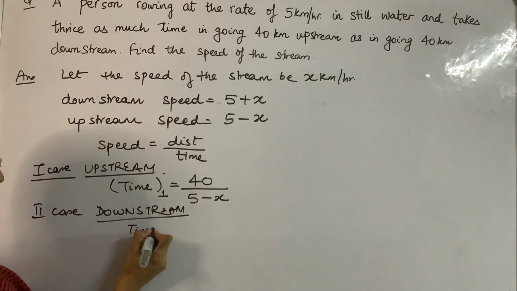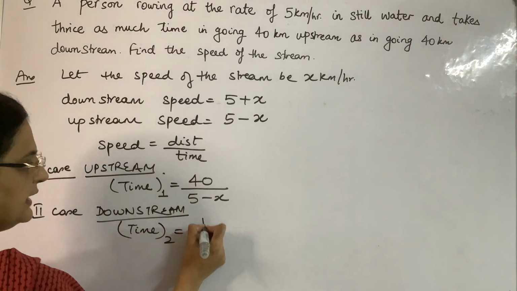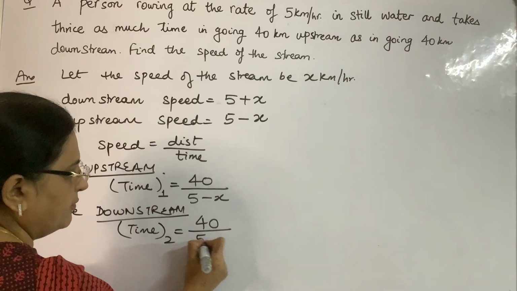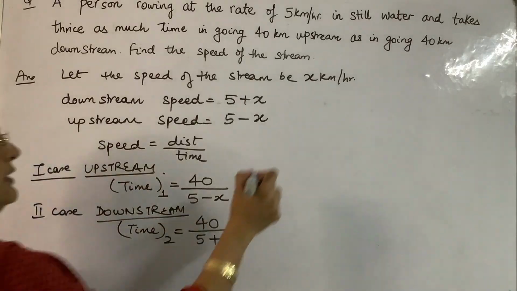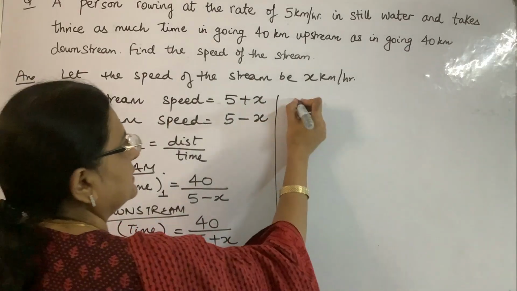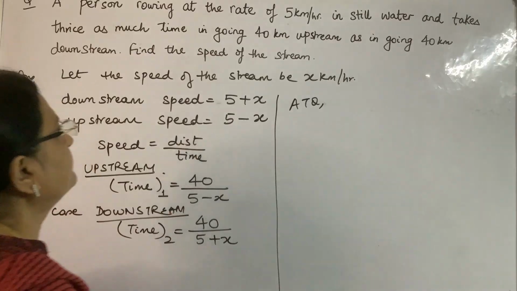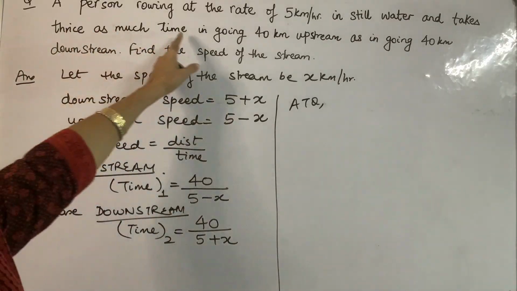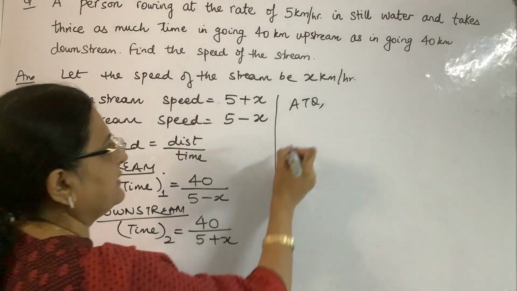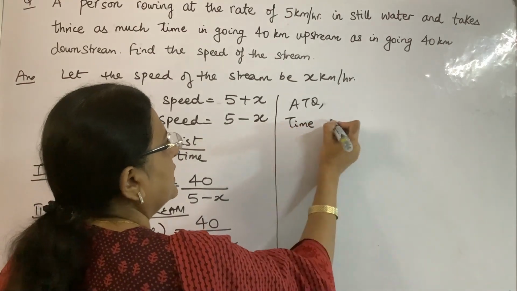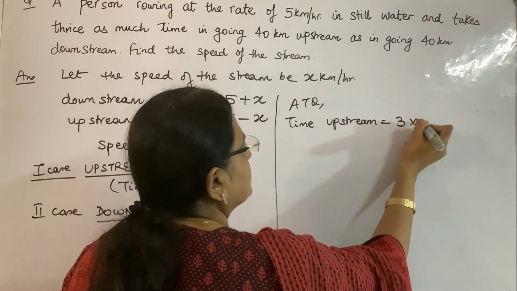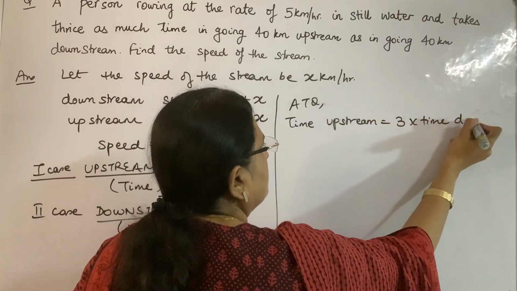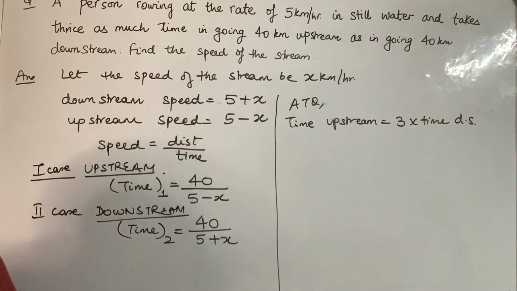Let us find out the time again. It will be equal to distance upon speed. But you are given a condition according to the question. He takes thrice as much time in going upstream. That means time upstream is equal to thrice time downstream. Agreed?